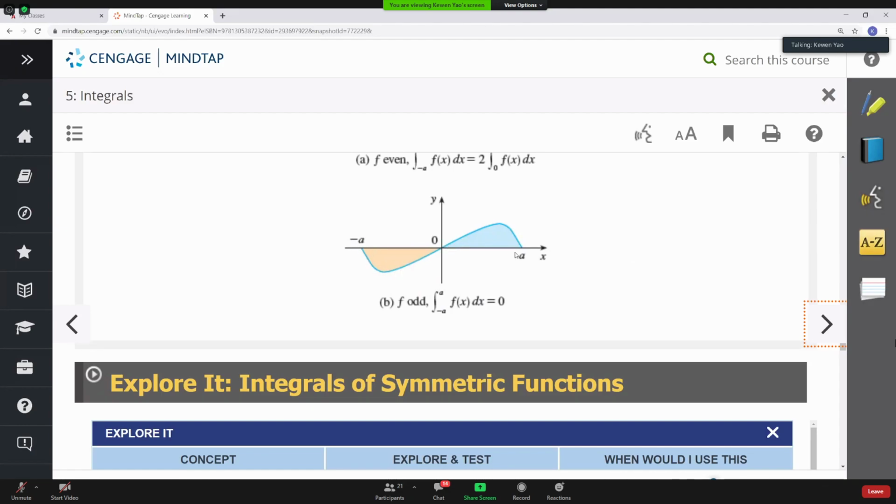From negative a to a, they cancel each other, because this is a negative value and this is a positive value, off by sign. So the net area is 0. So the integral from negative a to a of f(x) dx, if f(x) is odd, is 0, because the negative side and the positive side cancel each other.